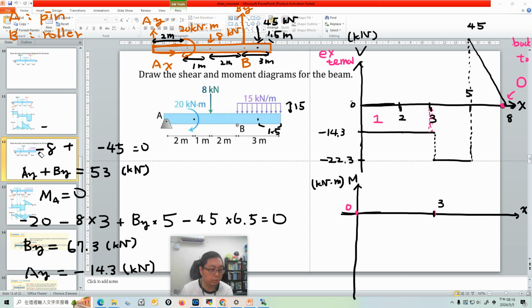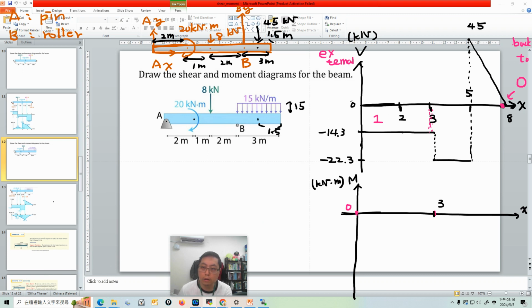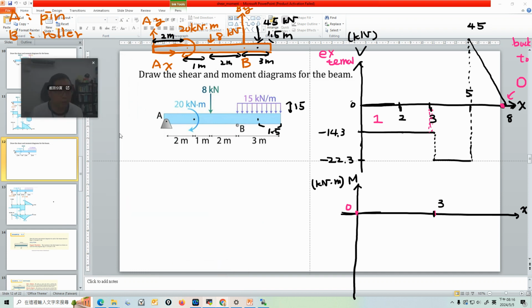We don't need this anymore. We need more space to do the calculation for the moment diagram. The final one is the moment diagram. The change of moment equals the area under the shear diagram.